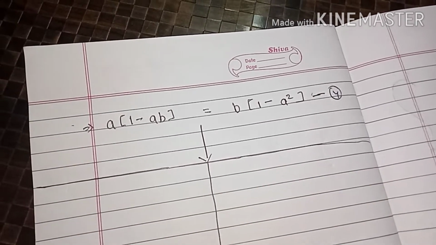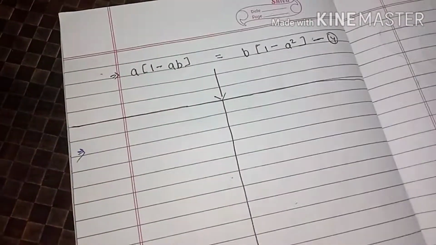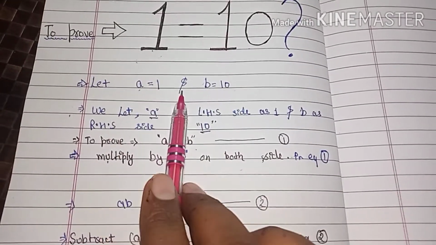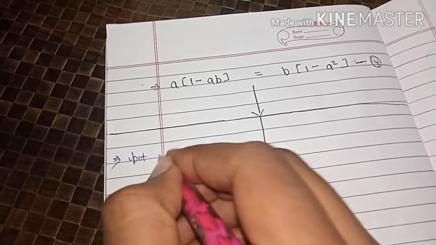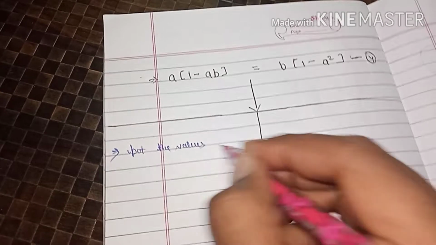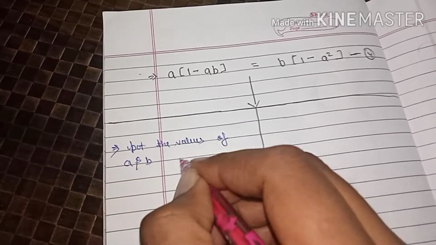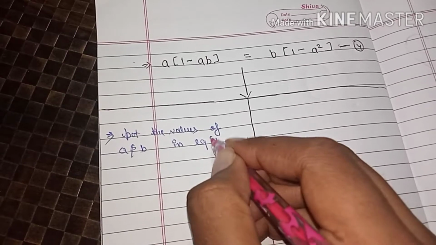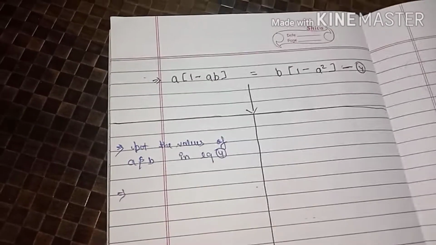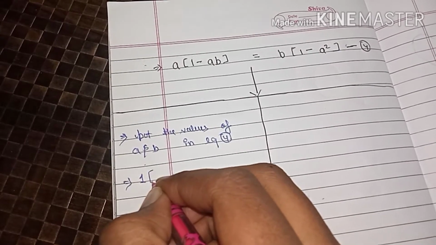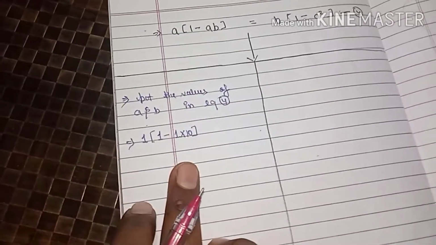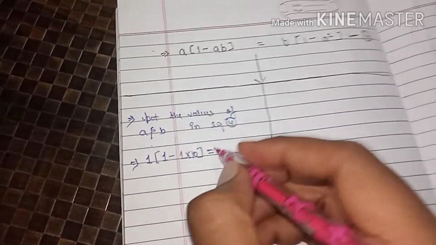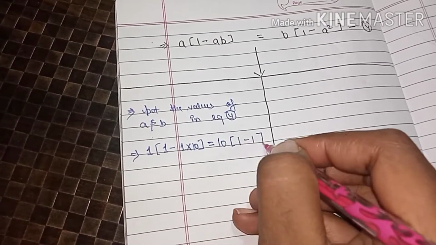First of all, we let A is equal to 1 and B is equal to 10. Okay, so put the values of A and B in equation 4. So we get 1 minus 1 into 10, this is LHS side, is equal to 10 into (1 minus 1).